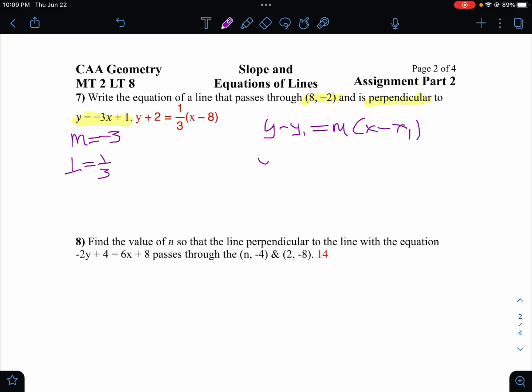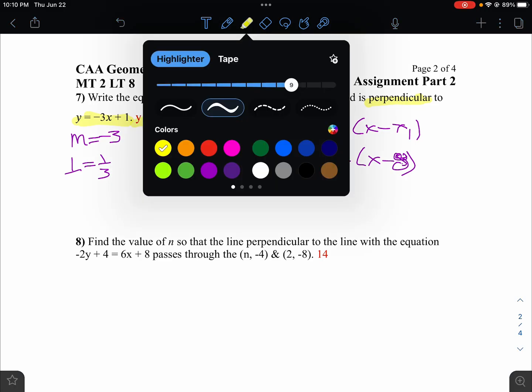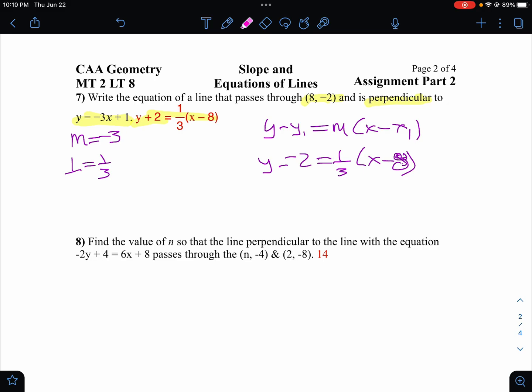Well, we're going to go y minus a negative 2 equals 1/3 times x minus 8. And the only thing we're going to do here is simplify it. When you subtract a negative, you get a positive. So our answer is y plus 2.